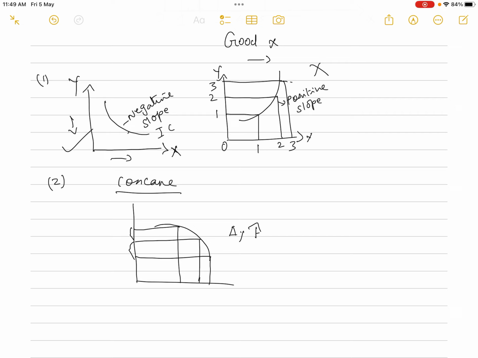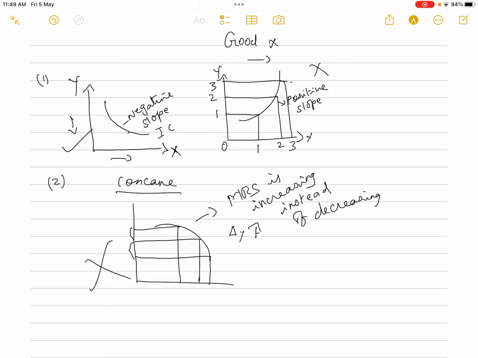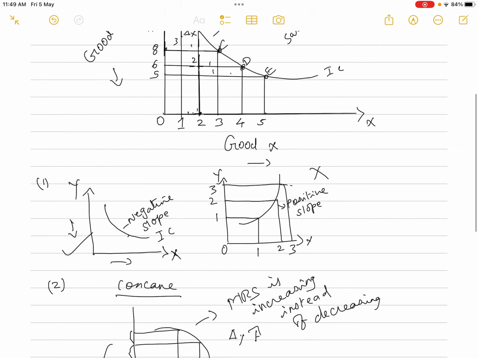That means the marginal rate of substitution is increasing instead of decreasing. So in this case, the MRS, the marginal rate of substitution, is increasing instead of decreasing. This is again against the principle of indifference curve. So this is also not correct.